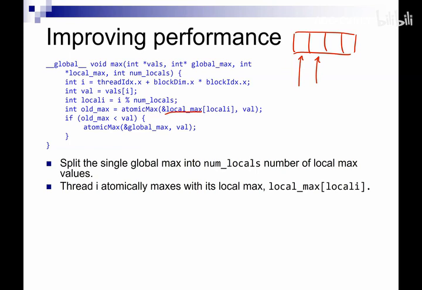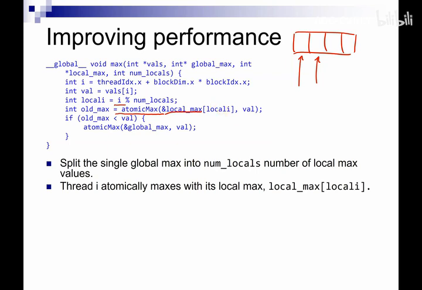The way each thread figures out which index of local max it's going to update is it takes its thread ID i and does it modulo the size of local max. Here the size is going to be 4. They're going to do the atomic max not onto this single shared global max, but rather onto the local max.